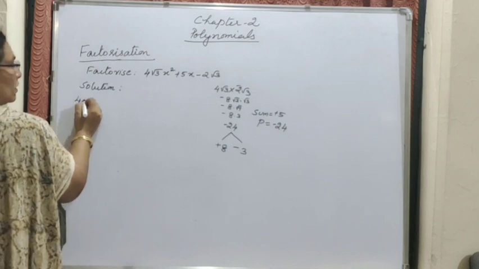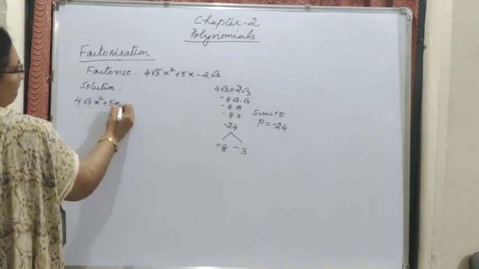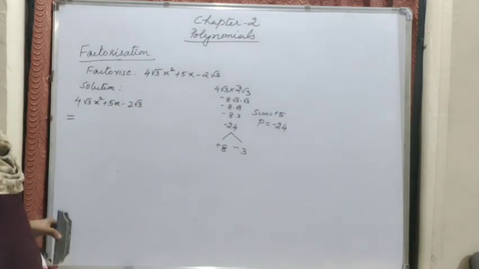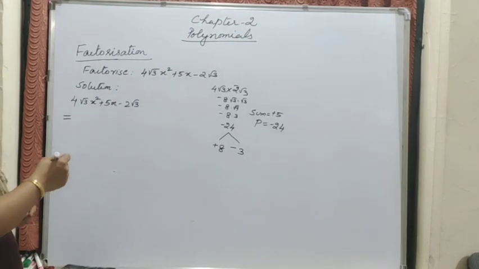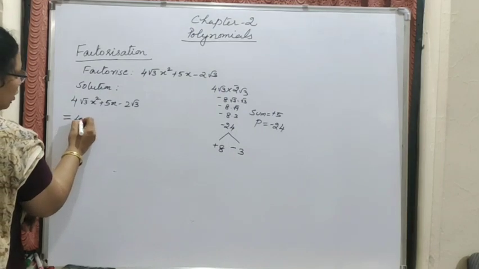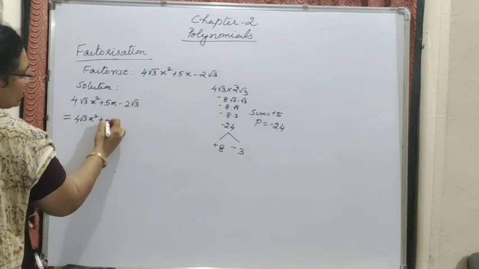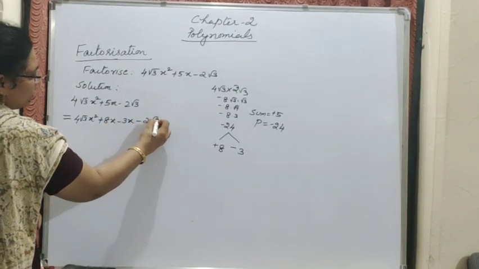Now I'm going for the solution. First, once again I'll take down the question. So here the solution. After the question we have to go for the splitting middle term. First term there is no change: 4 root 3 x square. 5x to be written as plus 8x minus 3x minus 2 root 3.